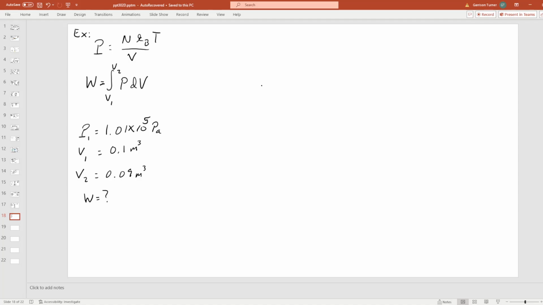Okay, so if we perform this integral, my work is going to be equal to the integral from 0.1 cubic meters to 0.09 cubic meters of NkBT dV over V. We need to specify the temperature.